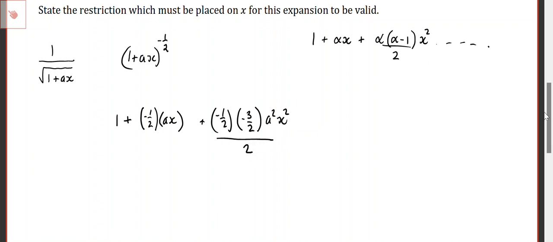Let's simplify that. So we've got 1 minus ax over 2, plus, so it's still going to be plus, 3a squared x squared over 8. Okay, so that's it for that bit.